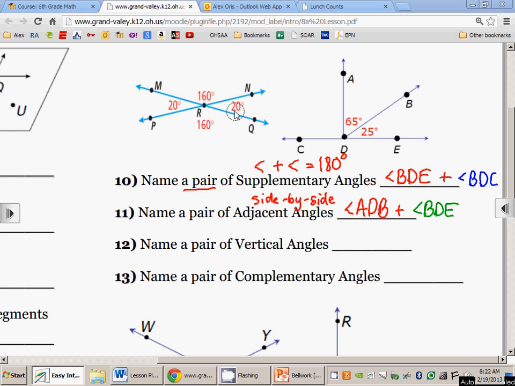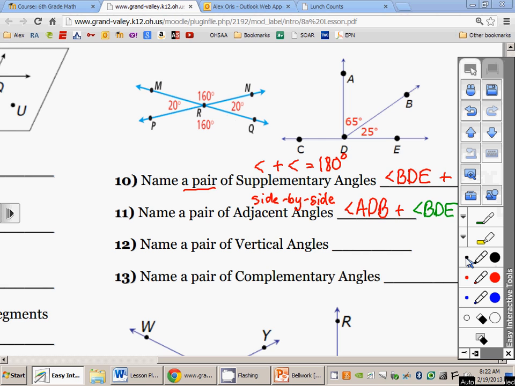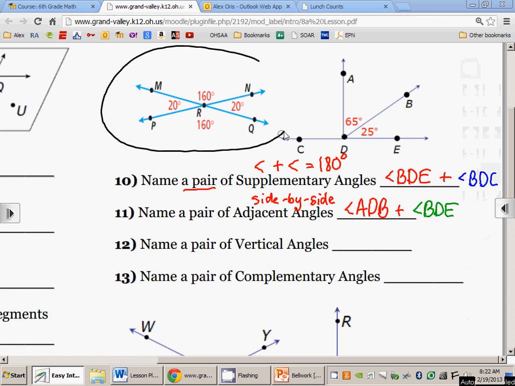So, first thing I want to do, there's two pictures up here. Which one shows intersecting lines? The one on the left or the one on the right? Intersecting lines. Gabby? The one on the left. Okay, so we're right here. These are intersecting lines. Do you see two lines? I should say, do you see two angles that are equal? Go ahead, Nick.